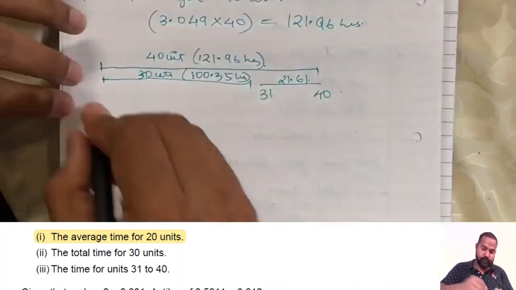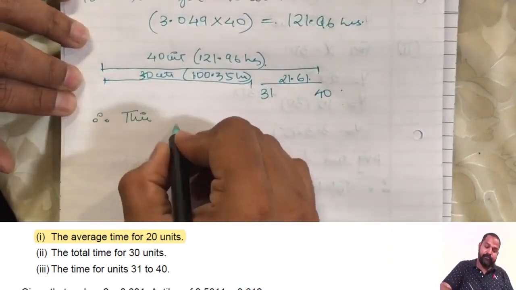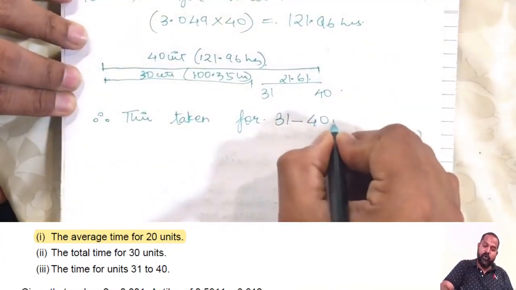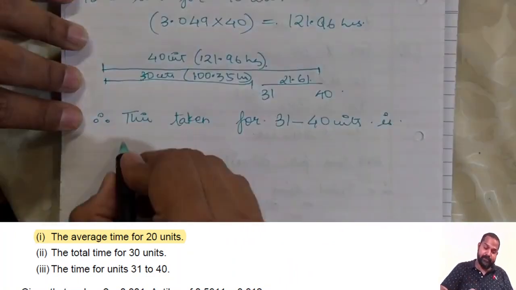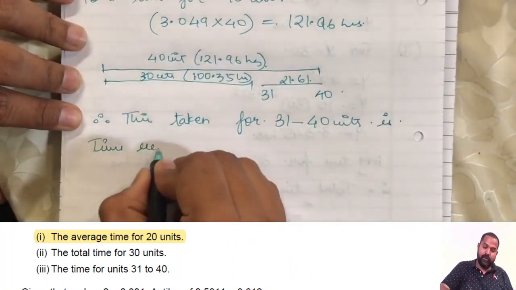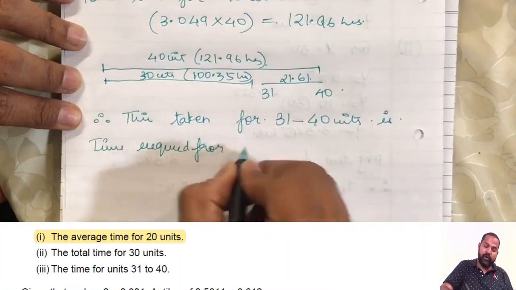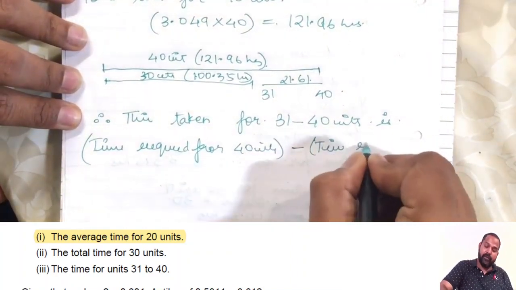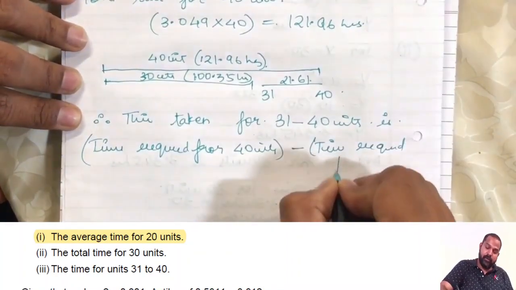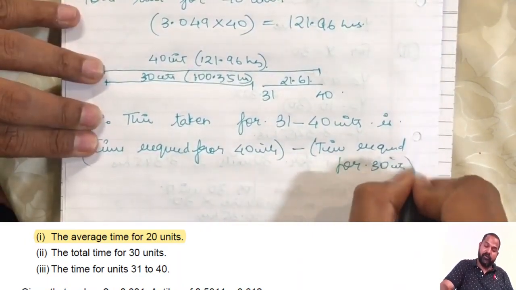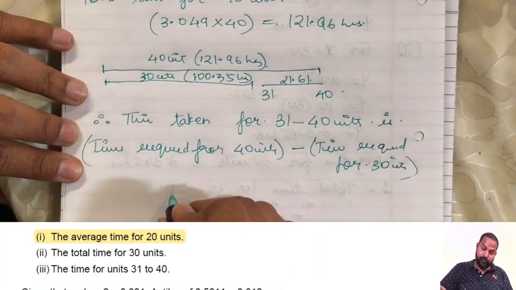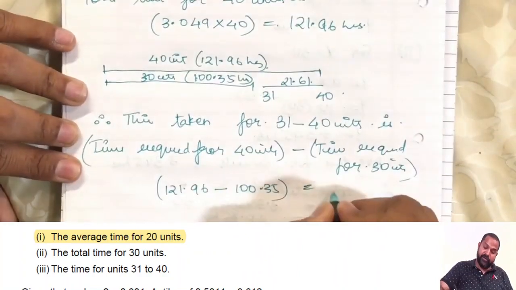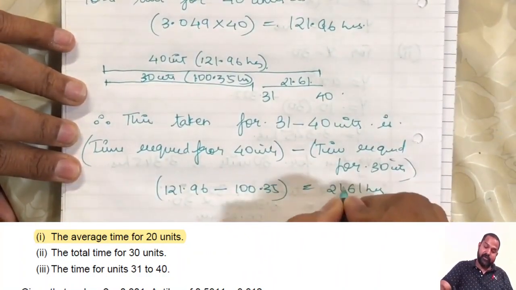So I will say, therefore, time taken for 31 to 40 units is time required for 40 units minus time required for 30 units, which is 121.96 minus 100.35, which is 21.61 hours.